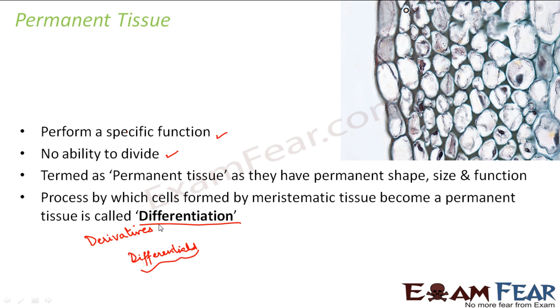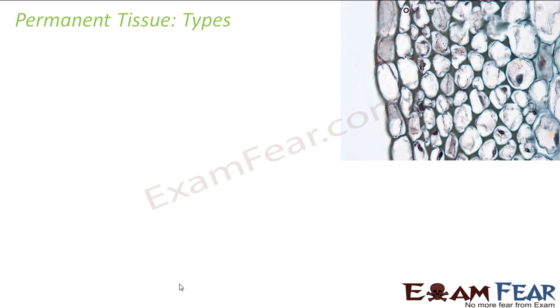When these derivatives mature, they form permanent tissue. The process by which these derivatives become permanent tissue is known as differentiation. So the origin of permanent tissue is again meristematic tissue only, because meristematic tissue gives rise to some cells which it throws out of the meristem, and those cells, called derivatives, later become permanent tissue. Clear?